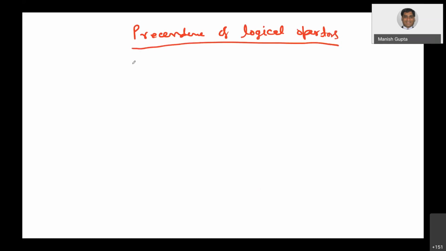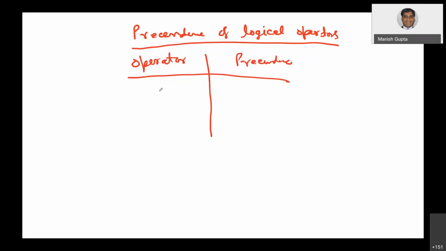Negation is the first precedence, then meet is the second, join is the third, implies is fourth, and if and only if is fifth.